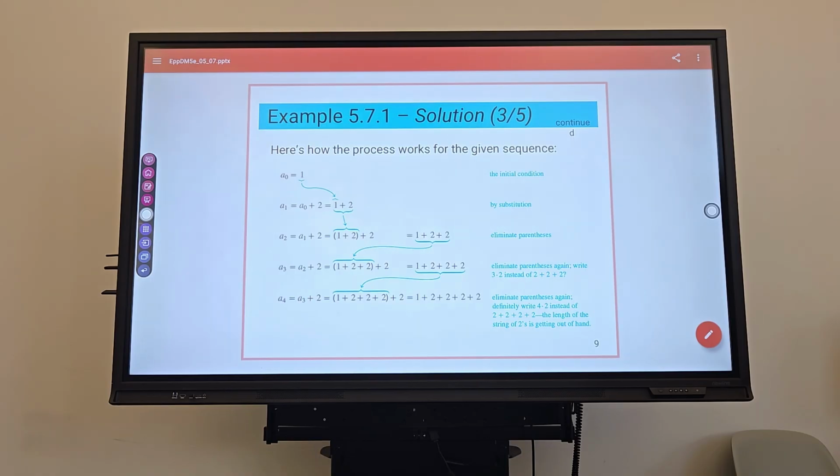So it looks like it's going to be A sub k equals 2k plus 1. Doesn't that look about right?